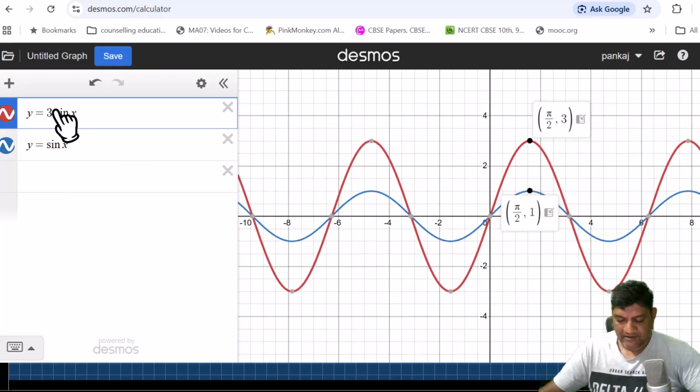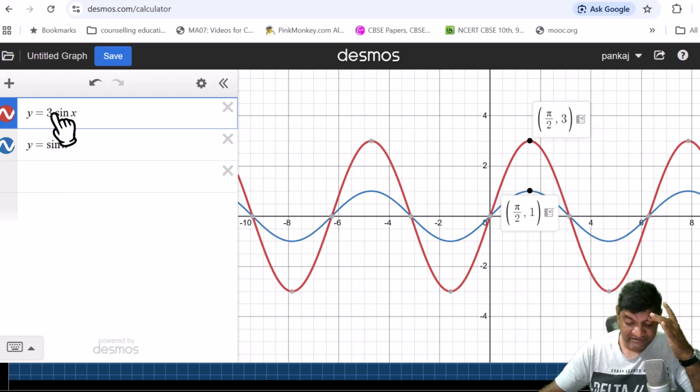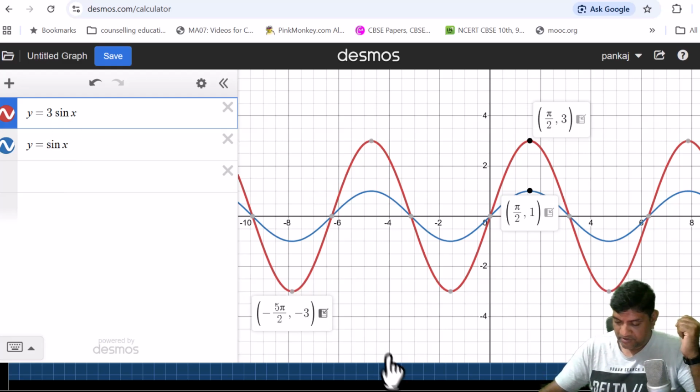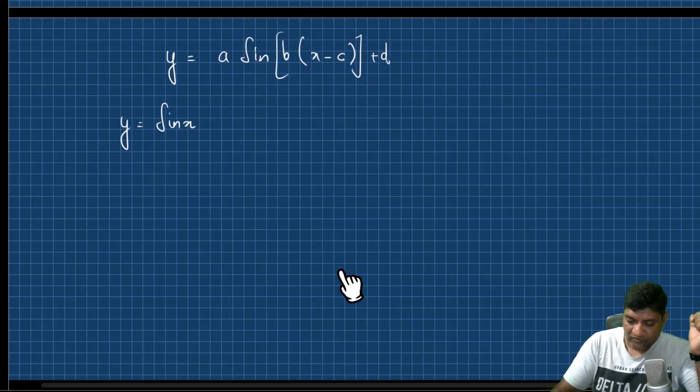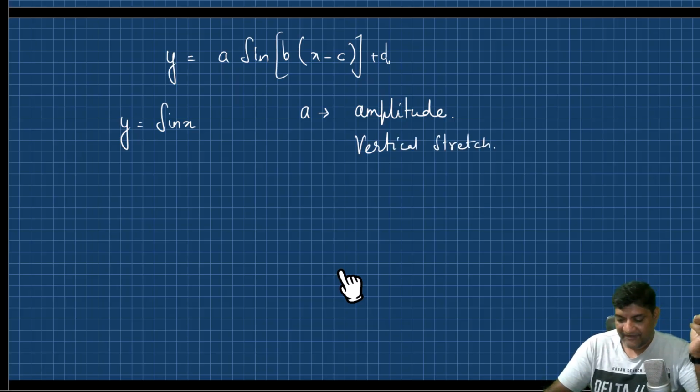So the number here changes the amplitude, right? So the amplitude or the graph itself stretches with a scale factor of 3. That's how I can put this across. So let's go back and say, okay, so A increases amplitude or is connected to the amplitude, or I can say there's a vertical stretch by a scale factor of A.